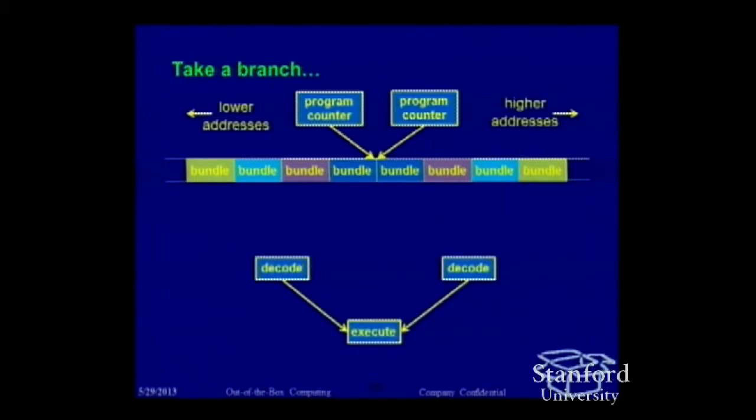We have to bring up the decode and the execute. You remember we were doing decode. We pull off the two central bundles. We move the program counters to the next bundle. The decode does its thing, sends the signals to the execute. Execute executes.